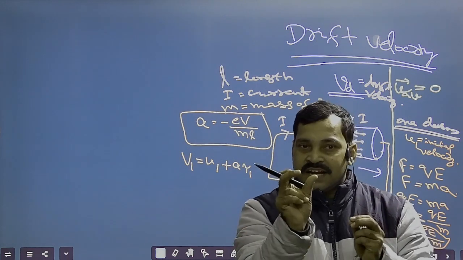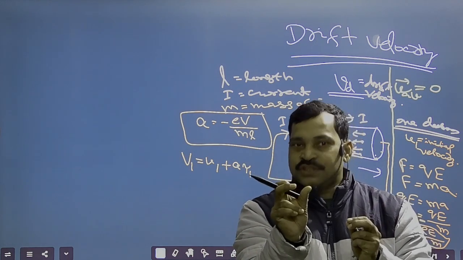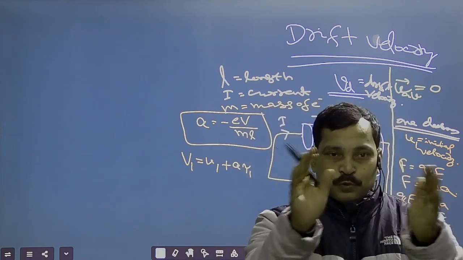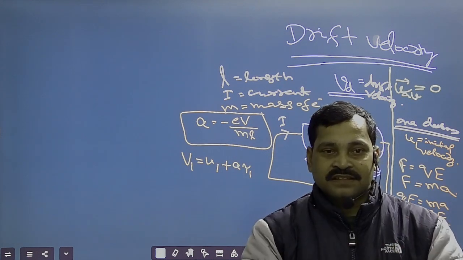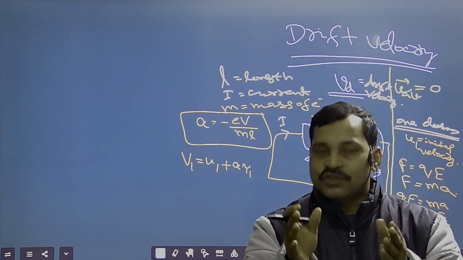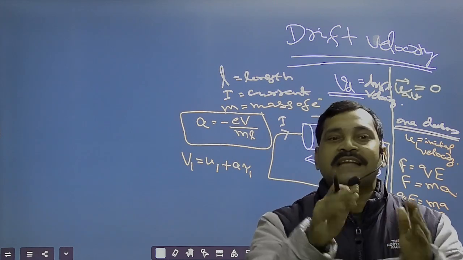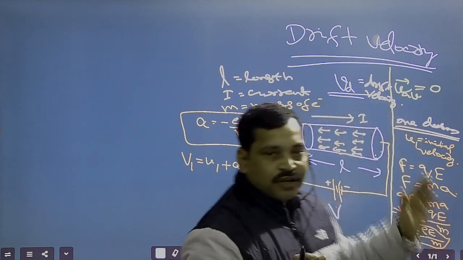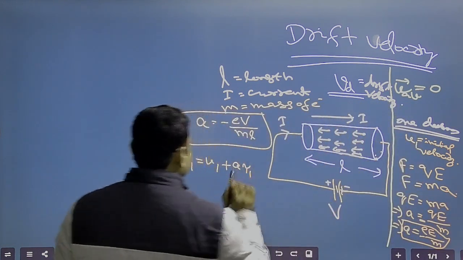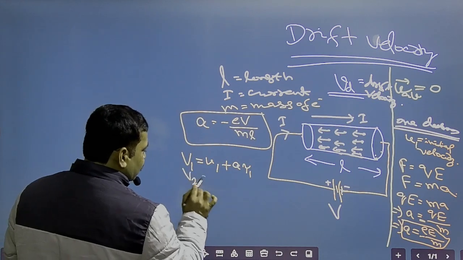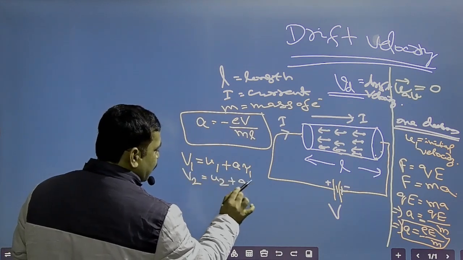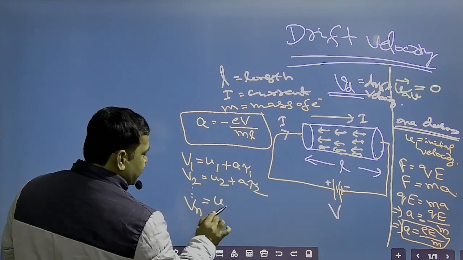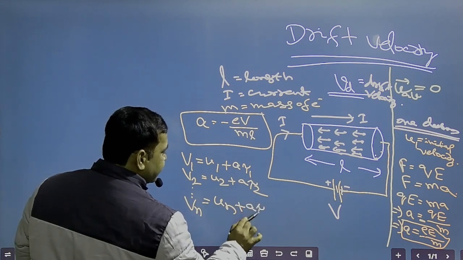The free path followed by an electron between two successive collisions is known as the mean free path, and the time taken to travel that free path is the relaxation time. For the first electron, suppose the relaxation time is tau 1. Similarly for the second electron, this will be U2 plus a tau 2, and for n electrons, Un plus a tau n.